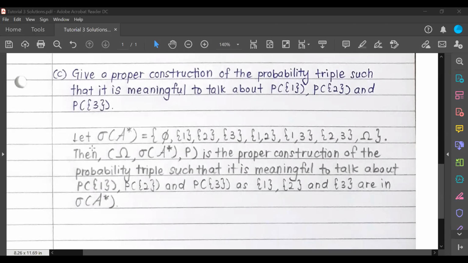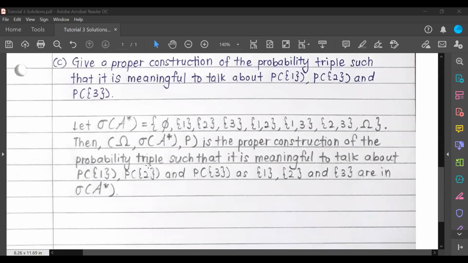Yeah, that's right. So basically, if your omega is discrete, you can always generate the power set as your sigma field. Your power set is definitely a sigma field. And once you do that, all the usual kinds of events that you're interested in are already well defined. So the usual way for a discrete omega is to just generate your power set, and then you can start talking about them.